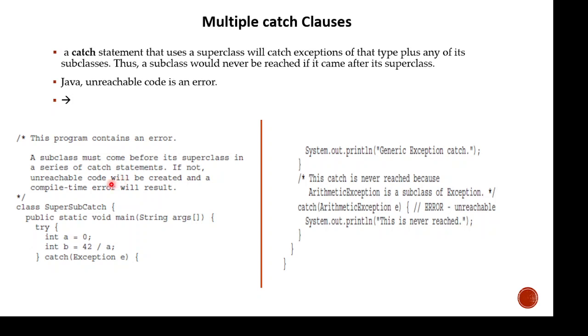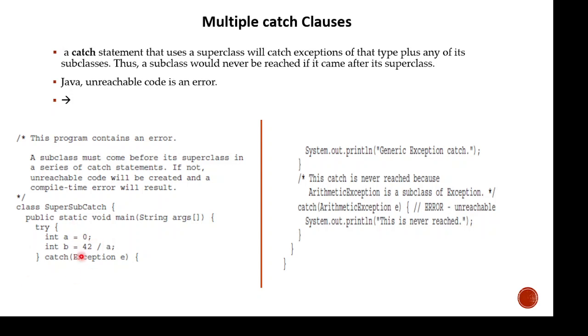Let us try to understand this program. A subclass must come before its superclass in the series of catch statements. That means if I have a subclass, it should always come before the superclass whenever you write a series of catch statements. If not, unreachable code will be created and a compile-time error will result.